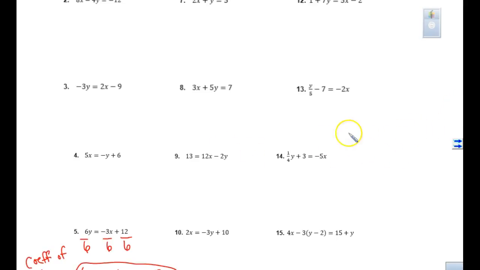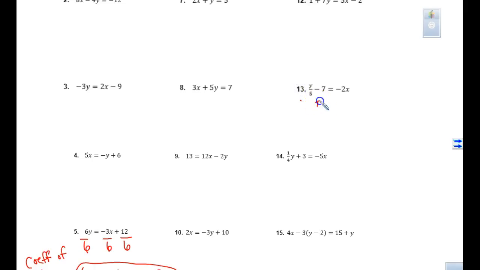Number 13. First thing I want to do is get this y divided by 5 by itself. So Kayla, what do I have on the same side of the equal sign that I have to get rid of? What is with the y divided by 5 on this side that I have to get rid of? 7. How do I get rid of this minus 7?